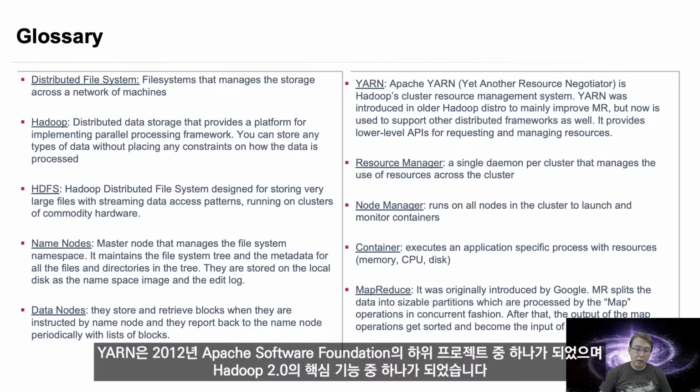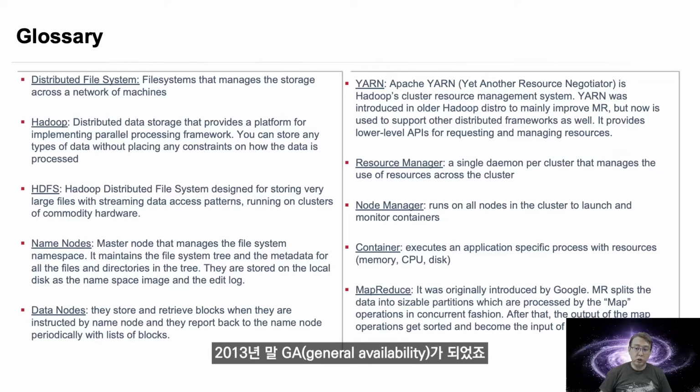Yarn became one of the sub-projects within Apache Software Foundation in 2012 and became one of the key features in Hadoop 2.0. It was GA in later 2013. GA means general availability, which is ready for mass production.